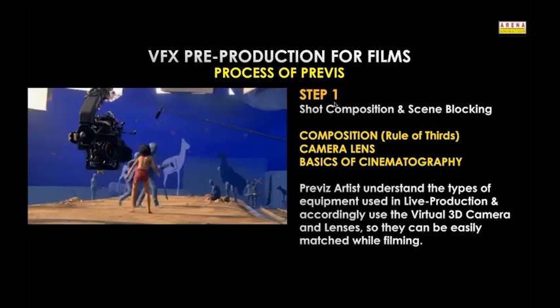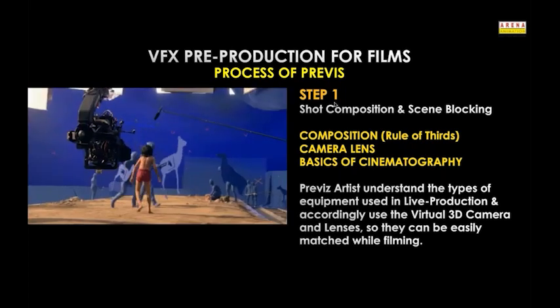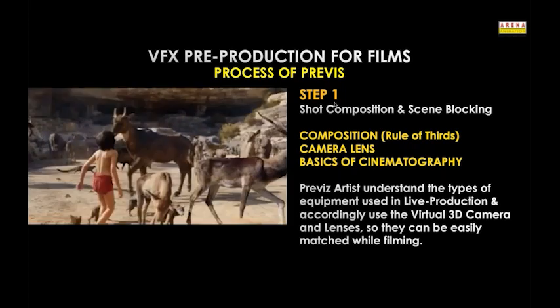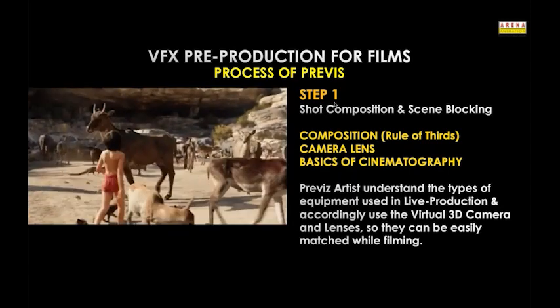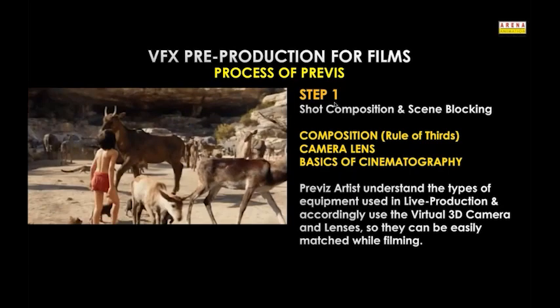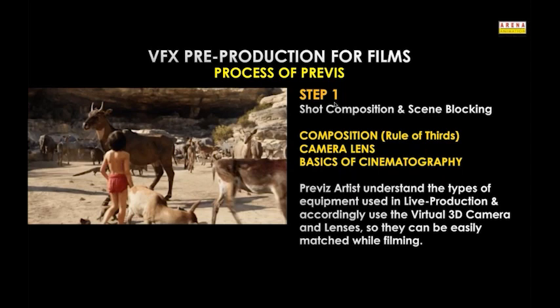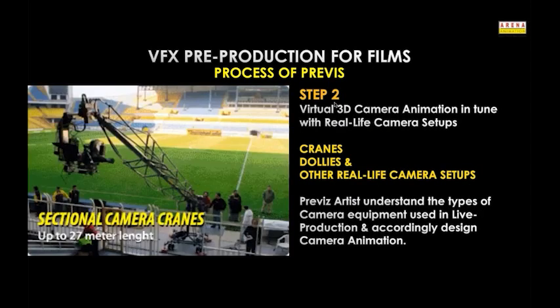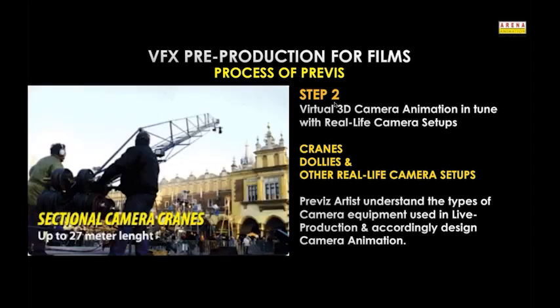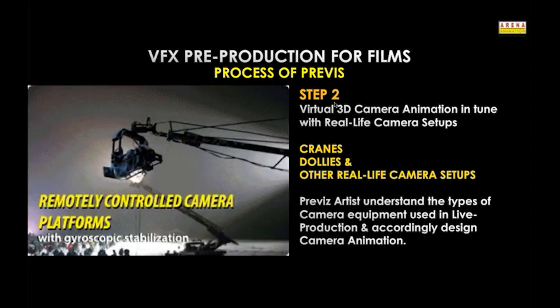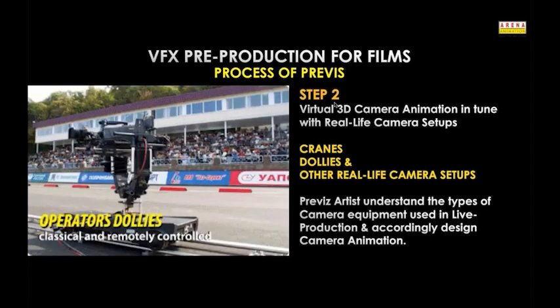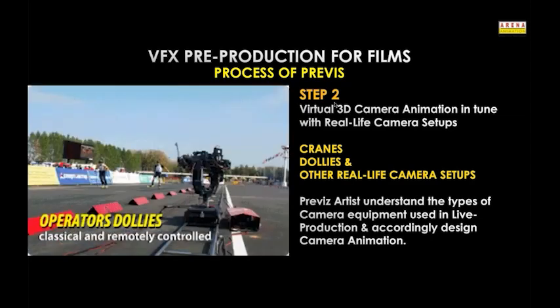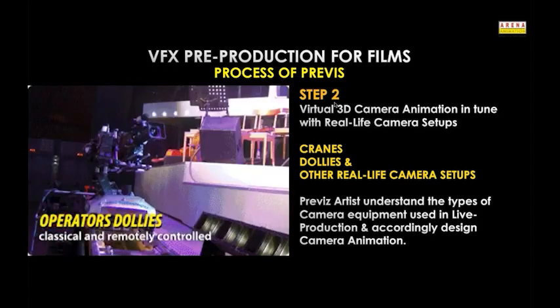So they need to have an understanding of composition, different kinds of lenses, different kinds of camera movements, and the different kinds of equipment used in production. Similarly, like I said, camera setups, cranes, dollies, or real life camera setups, they need to have an understanding of that, because they can actually use that knowledge when they're creating the previs.